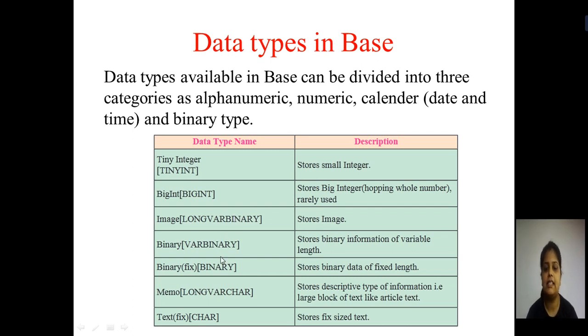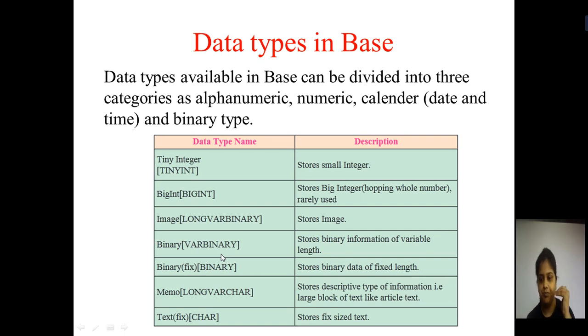The next is the binary. Now in binary we have whether it is a variable binary or fixed binary. So there are two data types for binary: one is variable binary and one is fixed binary. Now what is variable binary? It means the length of the data is variable. We do not have a fixed amount of length defined for a particular variable.